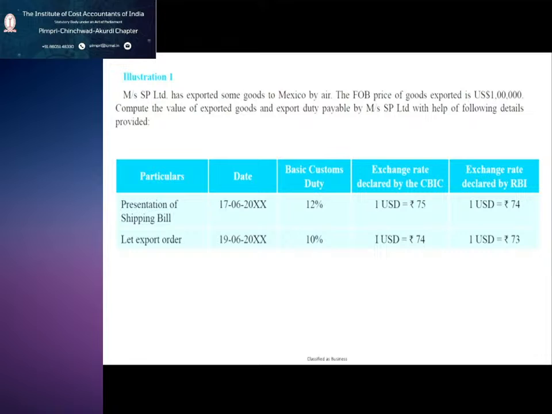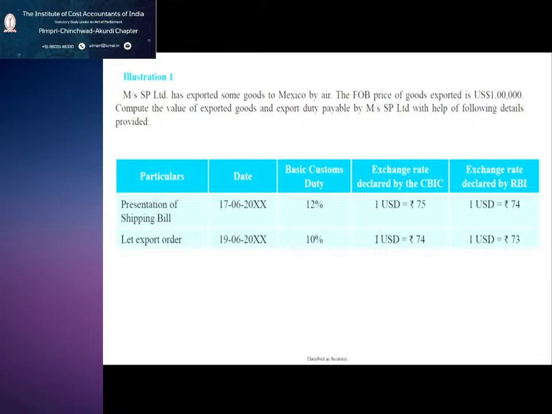Choosing is important here. You can see the presentation of shipping bill, then below it the LET export order. Then we have our date, 17th June, and the LET export order. The LET export order is when we finally get an approval, that is, we are ready for our shipment.